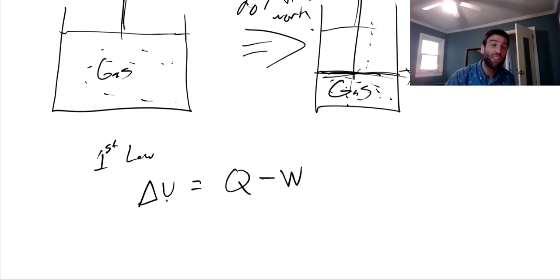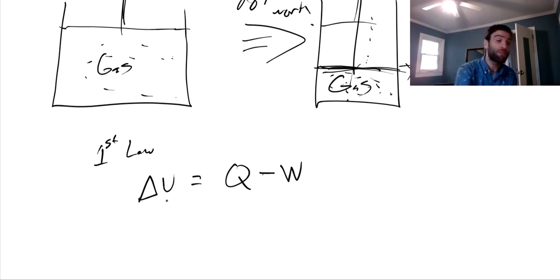Now, not only can this process go either way, with heat flowing into the gas, heat flowing out of the gas, us doing work on the gas, and the gas doing work back on the piston, the consequences and the way that each of these processes unfold can sometimes be a little bit subtle.